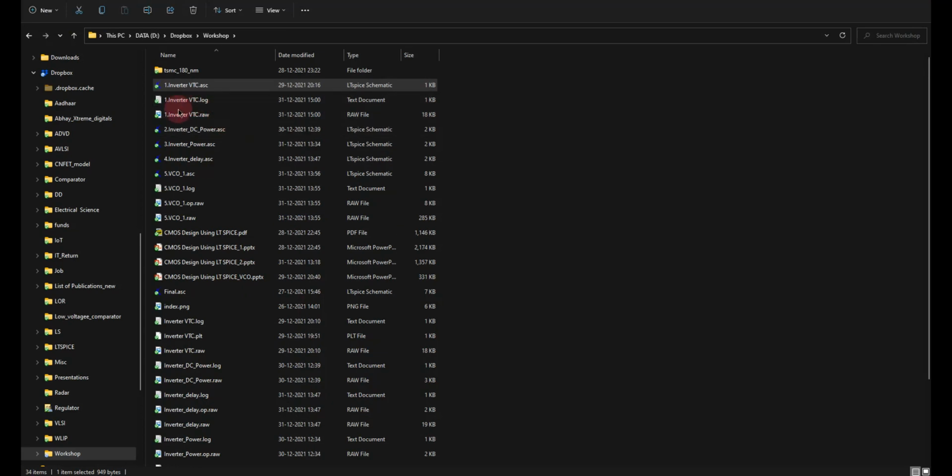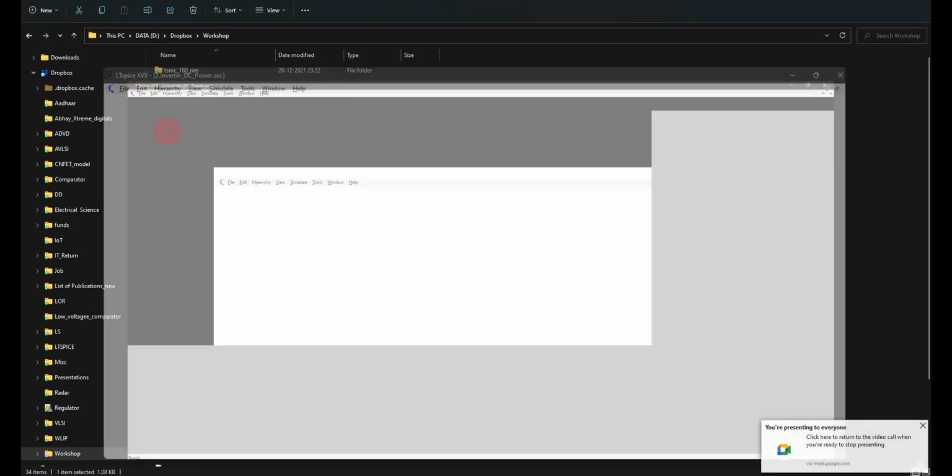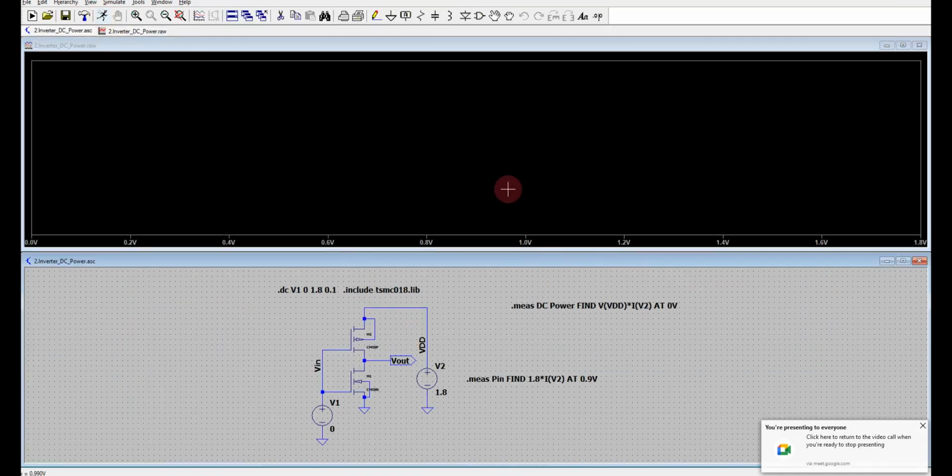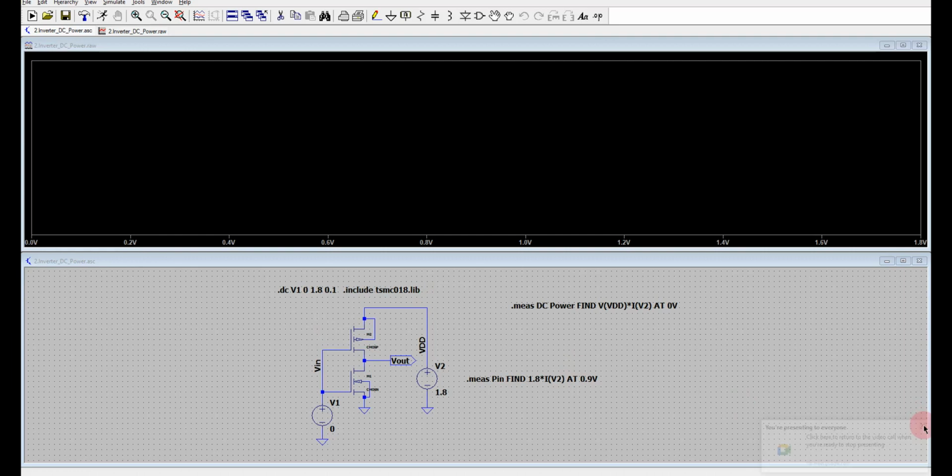Now let me try and compute the power. For power, this is the same circuit, so I have not done any changes. I have run it. Now how to compute the static power? Because I am doing DC analysis, I will be able to compute only the static power in this particular simulation.